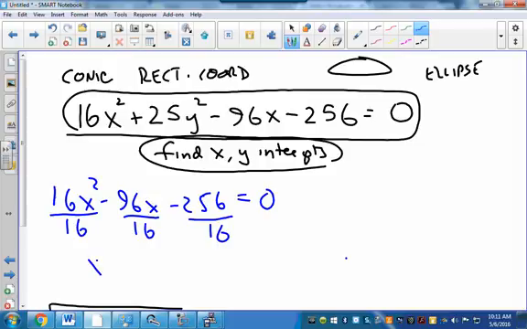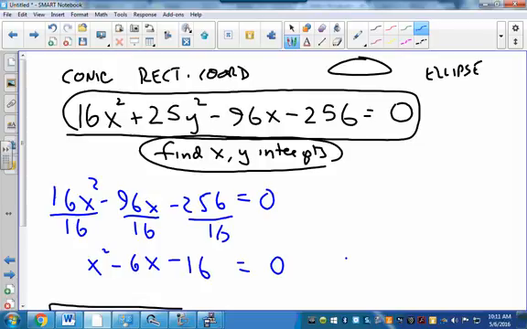And so you have x squared minus 6x, and this is minus 16, is it? 16 divided by 16 is 1, so minus 16.